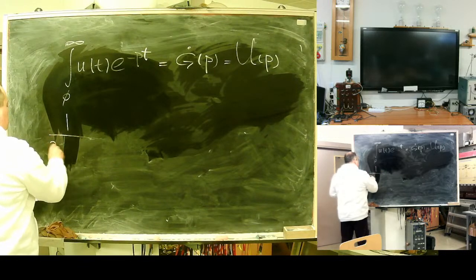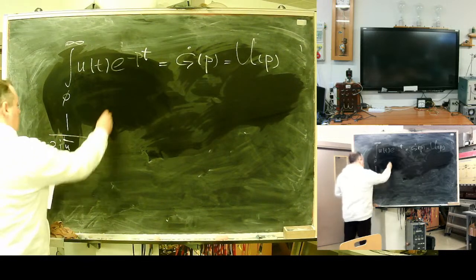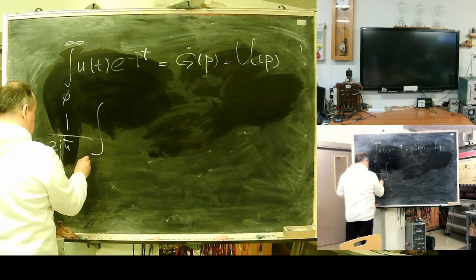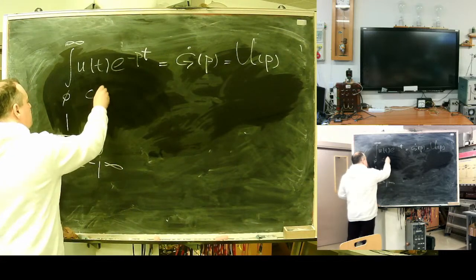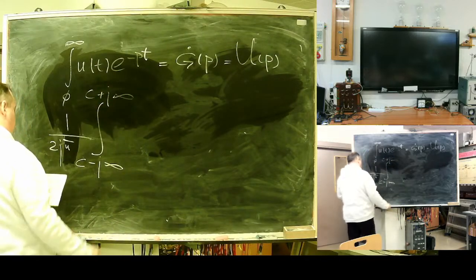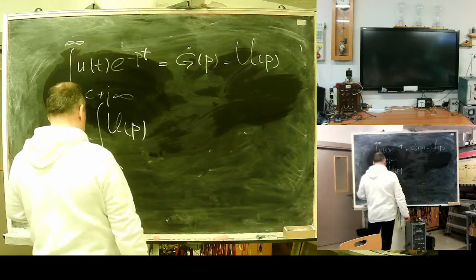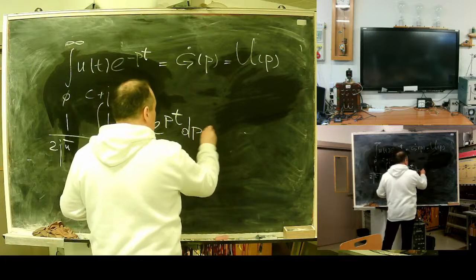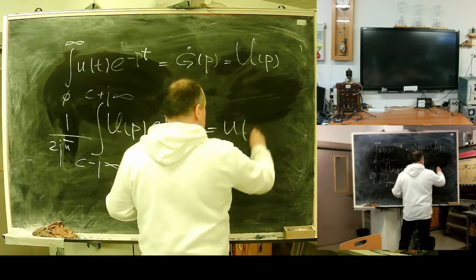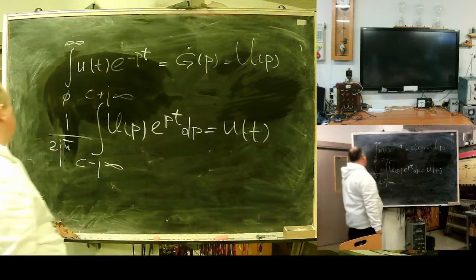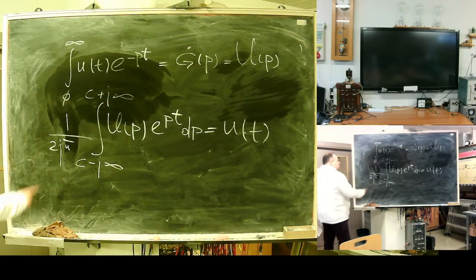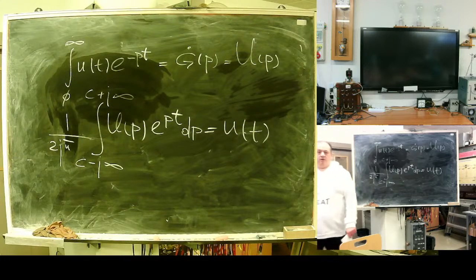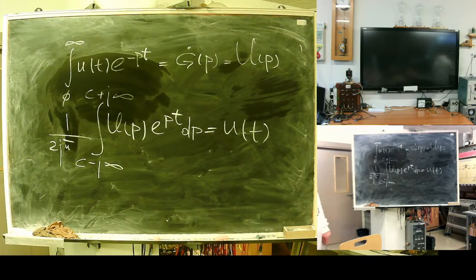And 1 divided by 2πj, integral from c minus j infinity to c plus j infinity, of image F(p) e to the power pt dp, equals my original voltage. So this pair of transformations describes the Laplace transform.